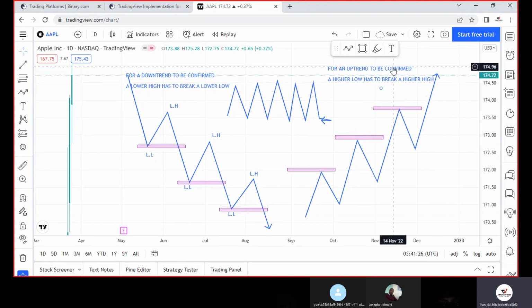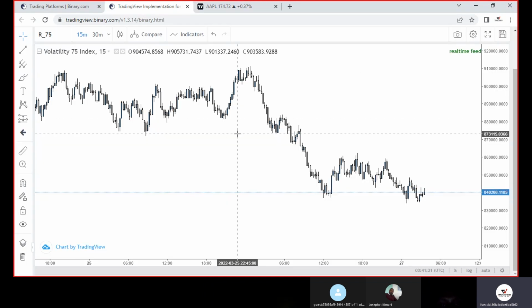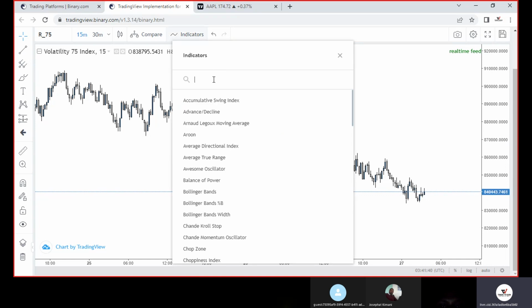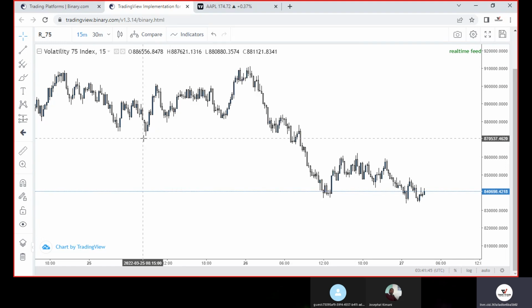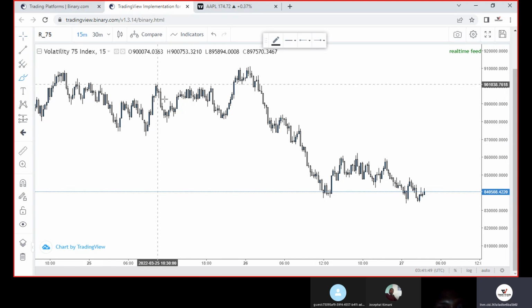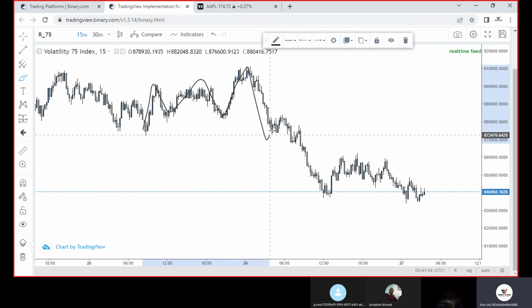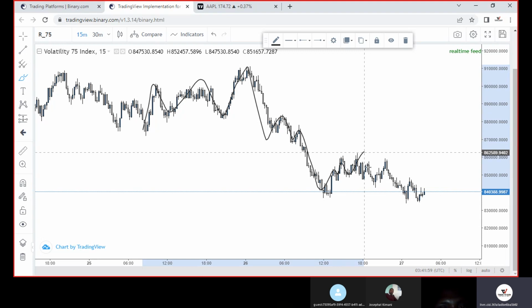So this is it. Let's go to our TradingView. Now we are on Volatility 75. The first indicator we are going to be adding is to enable us identify if we are in a downtrend or an uptrend. Nothing stops me from teaching you how to just look at your chart and identify the market structure, but I just want to make it easy for you.